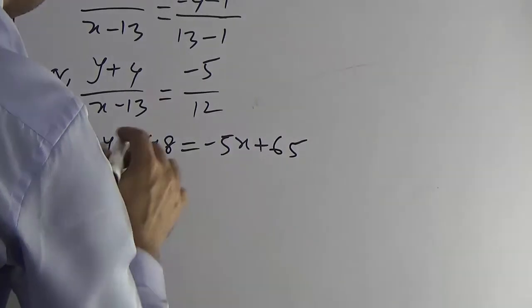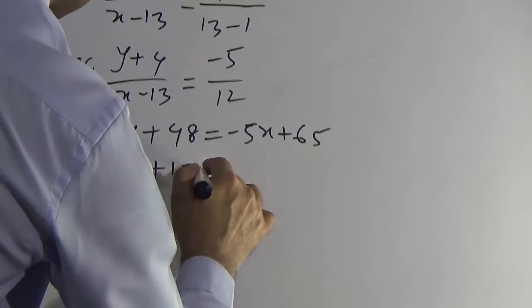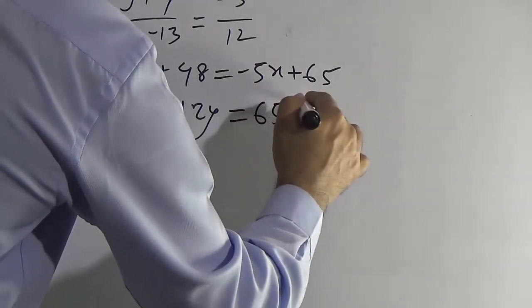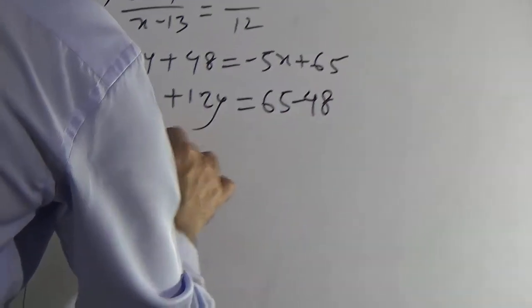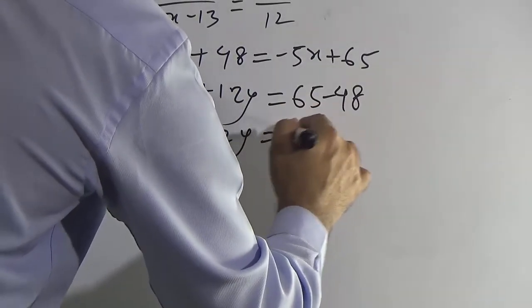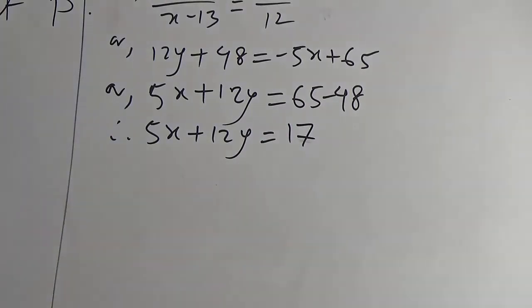If we calculate, we will get 5x plus 12y equal to 65 minus 48. Therefore 5x plus 12y is equal to 17. This is the equation of the line CD.